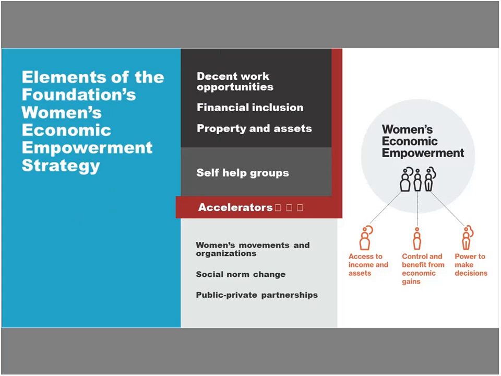So you can see on the right, this was the beginning of the formulation of our women's economic empowerment strategy, where we were going to work towards access to income and assets, control and benefit from economic gains, and the power to make decisions.